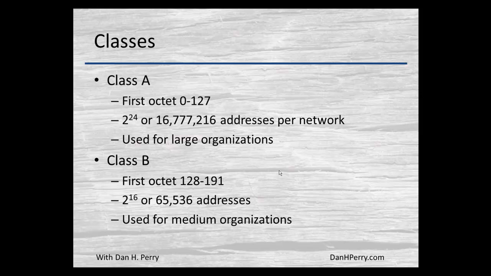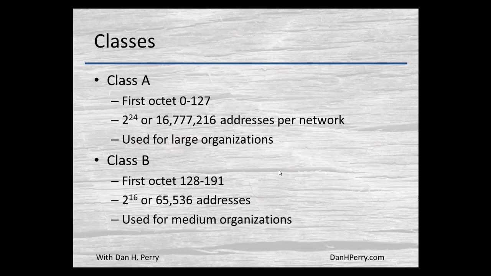The Class B address has a value in the first octet of 128 to 191, and it splits where the first half, or first 16 bits of the address, are part of the network, and the last 16 bits are part of the host or the machine addresses.